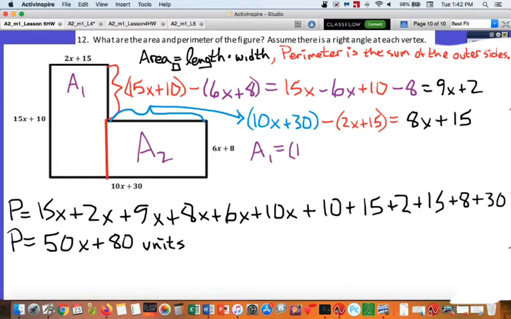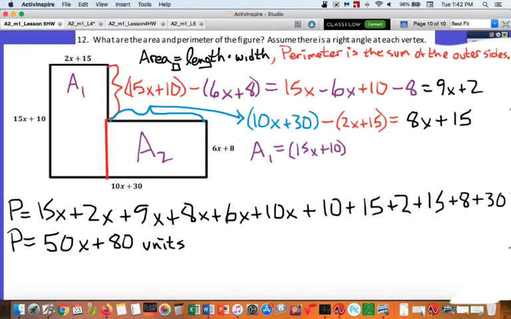Now for area, it's a little trickier because I have to find 2 different areas, right? Because you have to do a rectangle in order to find the area, because we only know length times width. So I'm going to cut the figure, and then multiply 15x plus 10 times 2x plus 15.